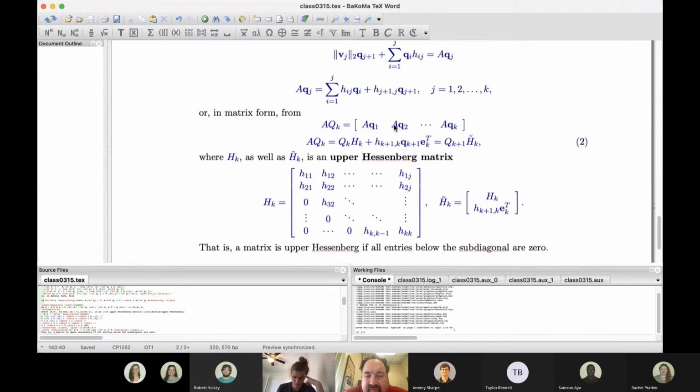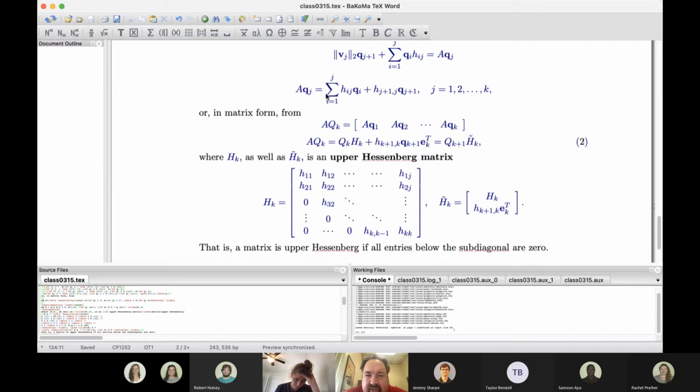As an example, I'm going to consider the second column of this matrix equation. The second column of the left side is Aq2. On the right side, I take the second column of Hk, which consists of these three entries, so I would have h12 q1 plus h22 q2 plus h32 q3.